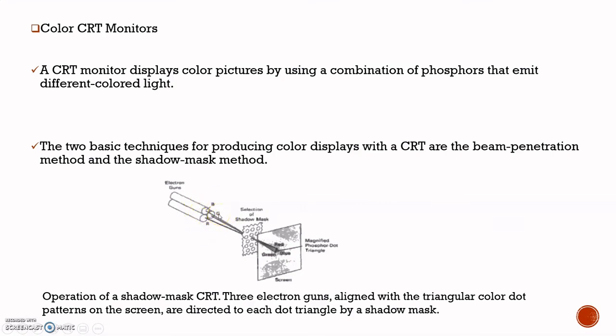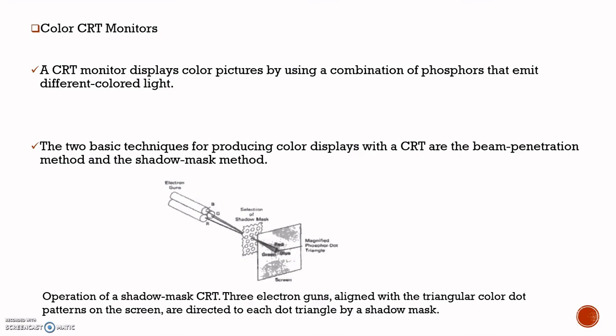This type of CRT has 3 electron guns, one for each color dot, and a shadow mask grid just behind the phosphor coated screen. The 3 electron beams are deflected and focused as a group onto the shadow mask, which contains a series of holes aligned with the phosphor dot patterns.